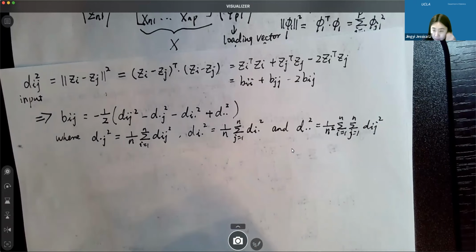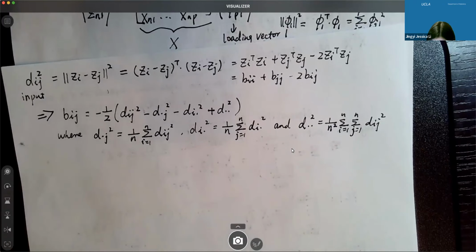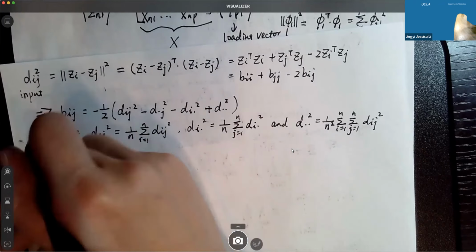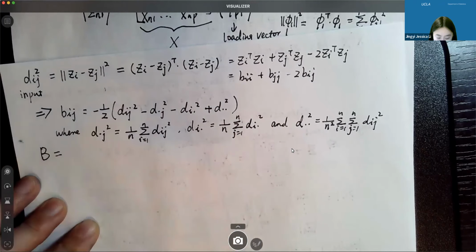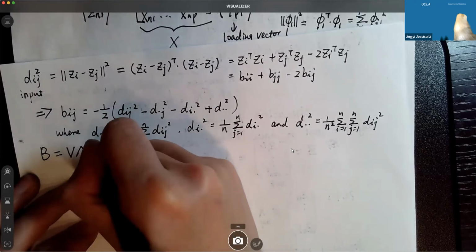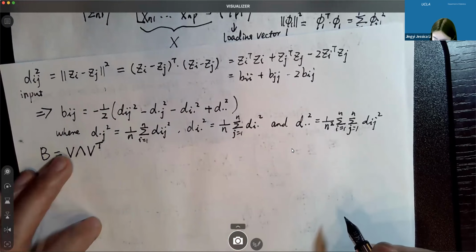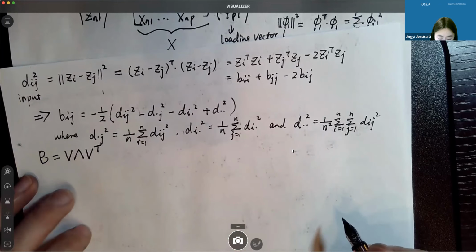Since the B matrix is square, right, and also positive definite, we do eigen decomposition on B. We call the decomposition V times sigma times V transpose. So it's the same V, then its transpose on the right.